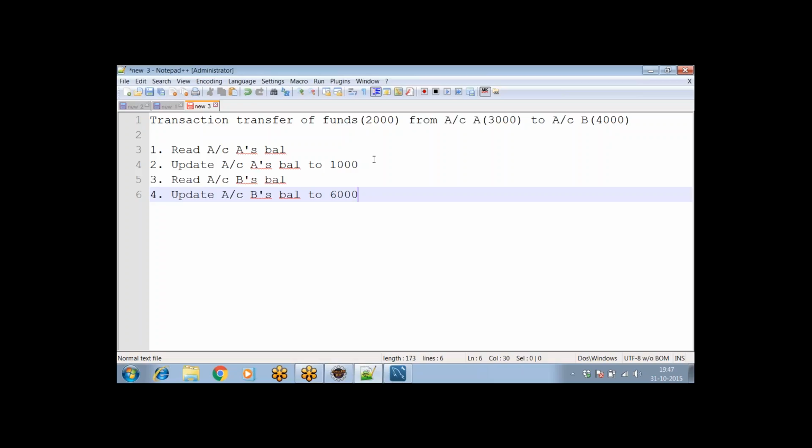Either we need to execute all these DB operations or execute none of the DB operations.